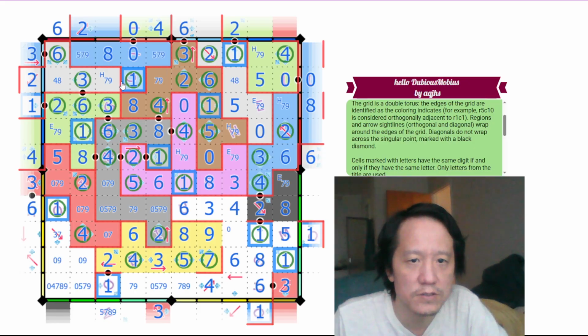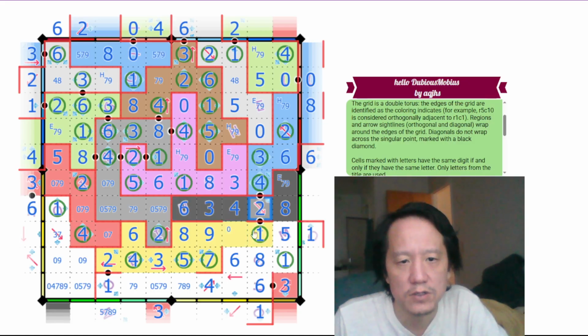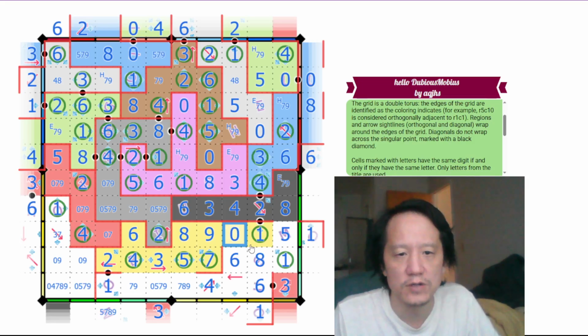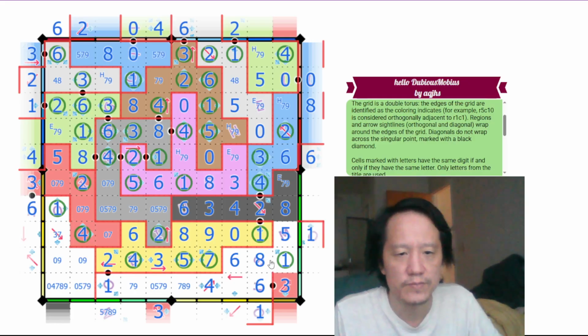Wait, 1, 2, 3, 4, 5, 6, 7, 8, 9, 10. Yes. And it cannot reach here, so it must be here. So this is yellow, which means this has to be dark, because there's no other region it could be part of. So this is done. This must be a 0, and this must be 1. And this is all done here. So the yellow region's all done.